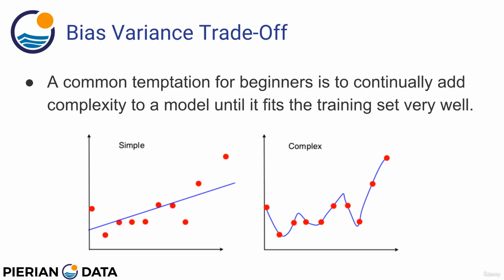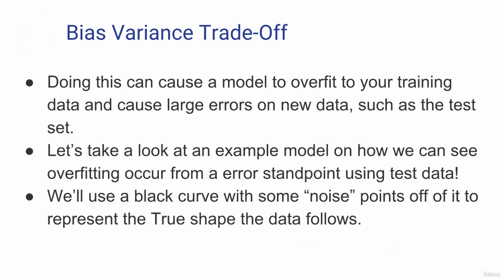And you decide as a beginner, hey, maybe I should just make the model more and more complex or flexible so that it hits all those training points. However, if you're hitting all those training points, your model is going to fail to predict for new test points, which is why we do that train test split. Doing that can cause a model to overfit to your training data, and like I mentioned, cause large errors on new data, such as the test set.